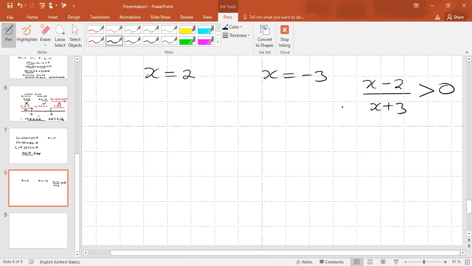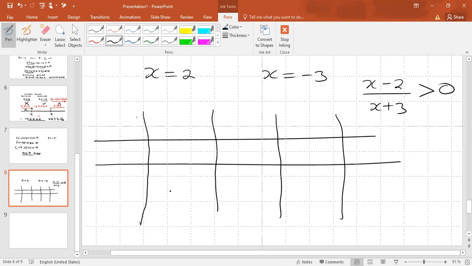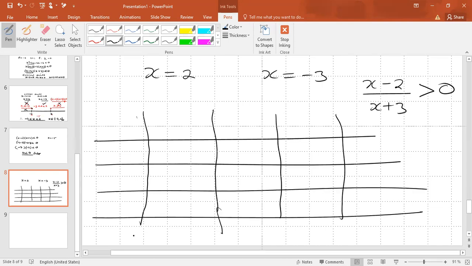When you find those critical values, you can make a table that looks like this. So this is method 2. If you want, you can use the number line. If you want, you use this table that I'm writing right now. So the table looks like that.